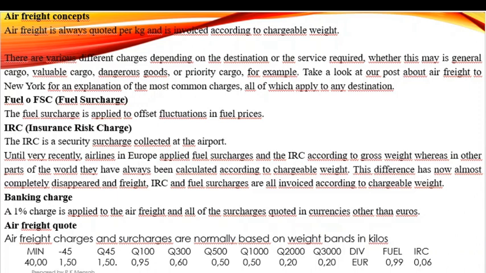So the air freight concept is that after we have gotten the actual weight or the volumetric weight or the chargeable weight, we are going to add other charges to those rates to arrive at a final air freight. So in air freight, before they give you a figure, the figure might be consolidated or it might be less.